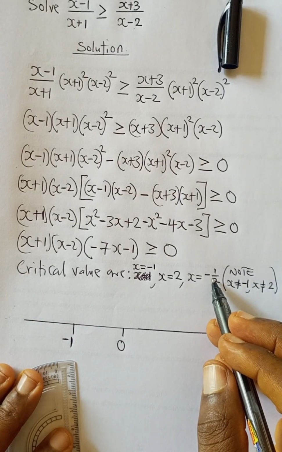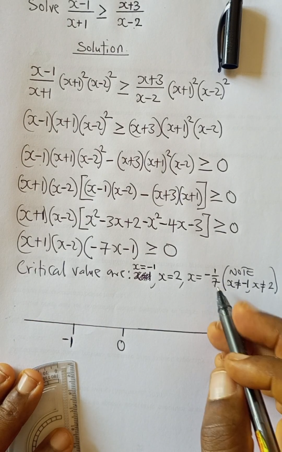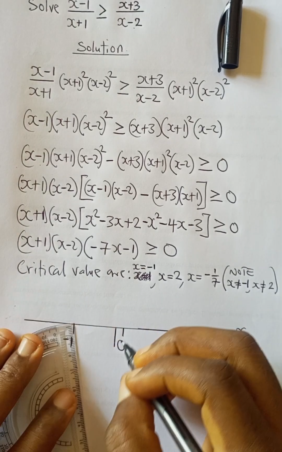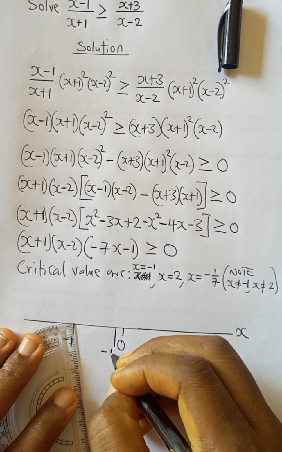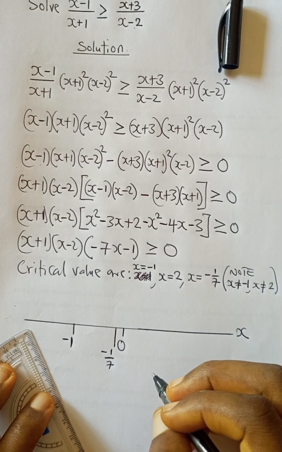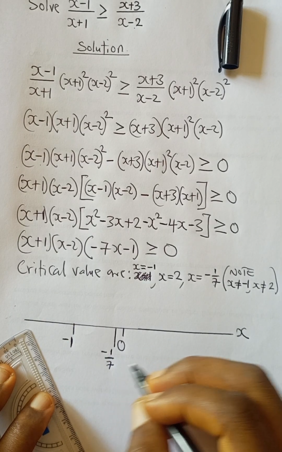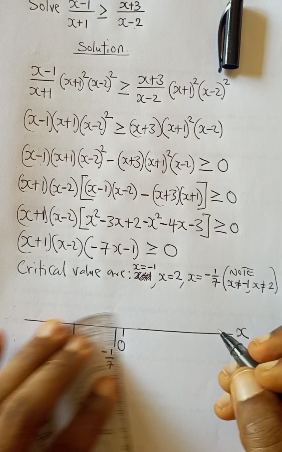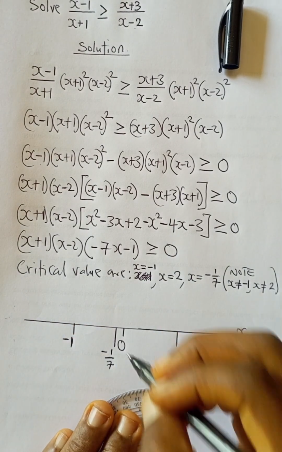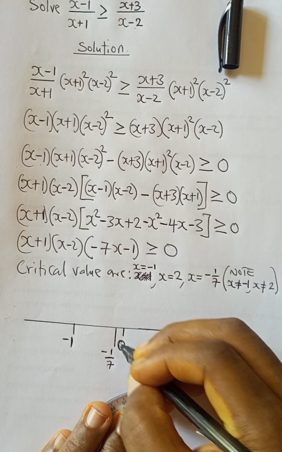Before 0, we should have minus 1 over 7. Let's put it here. Minus 1 over 7. Then after that, we'll have 2 somewhere here. Is that clear?